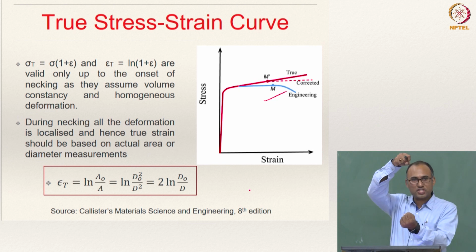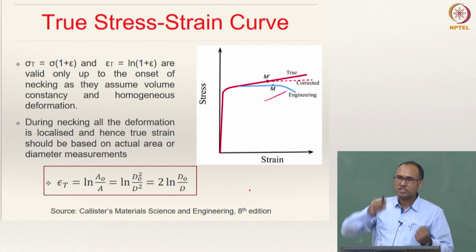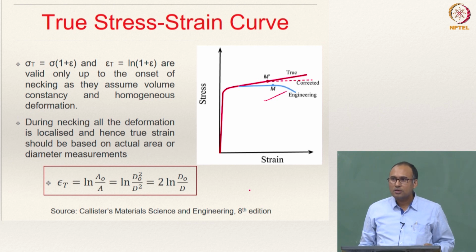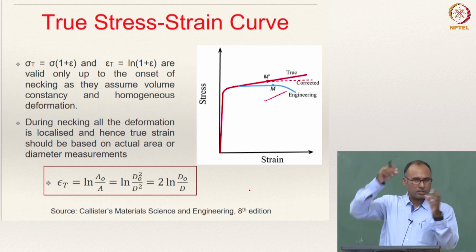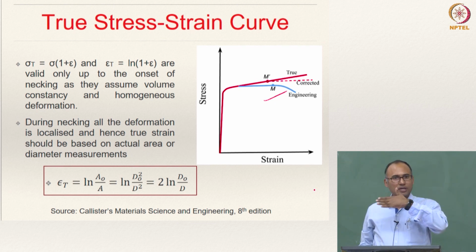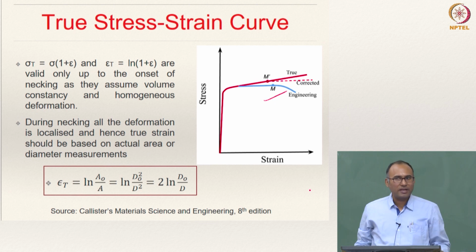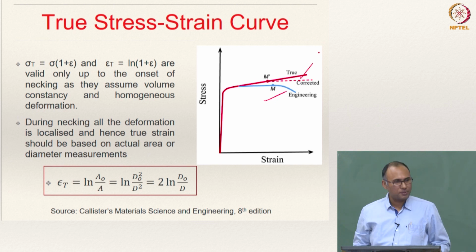When you are doing the tension test, Ai is going to be larger than A naught or smaller than A naught? Ai is going to be smaller, because you are increasing the length, so cross sectional area has to reduce. So naturally your P by Ai will have a higher value than P by A naught. That is why that curve is up.